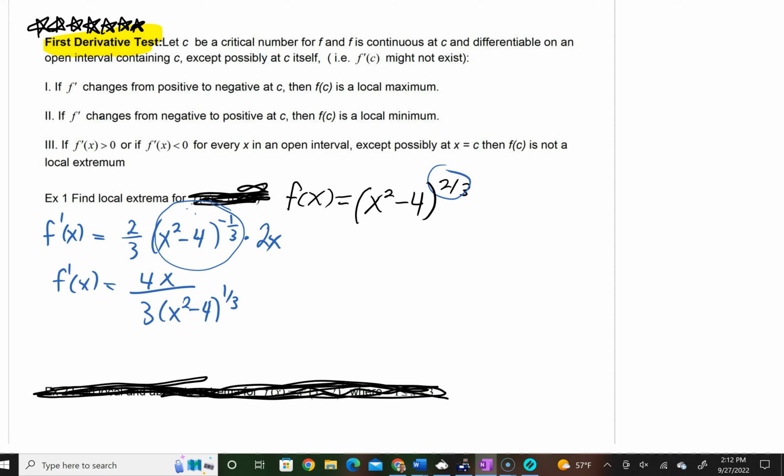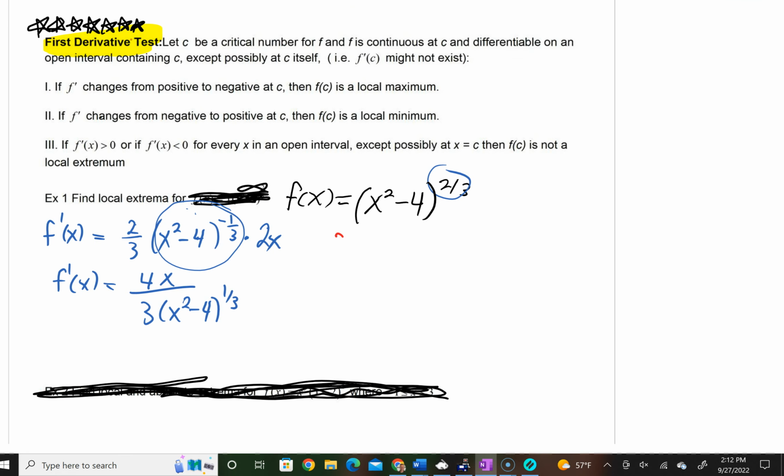That's my derivative. Everybody okay? So my first step is to find the critical numbers. Find the x values where this derivative is 0 or where the derivative is undefined. So there are two things that we are searching for.